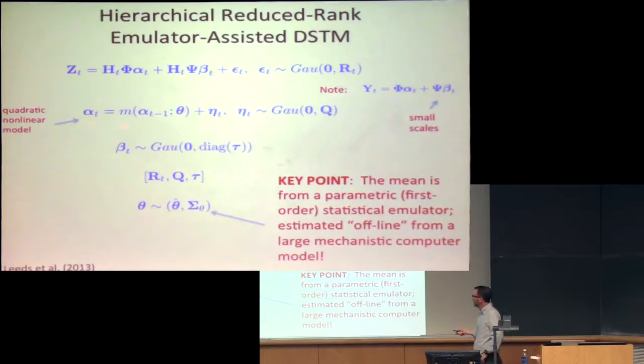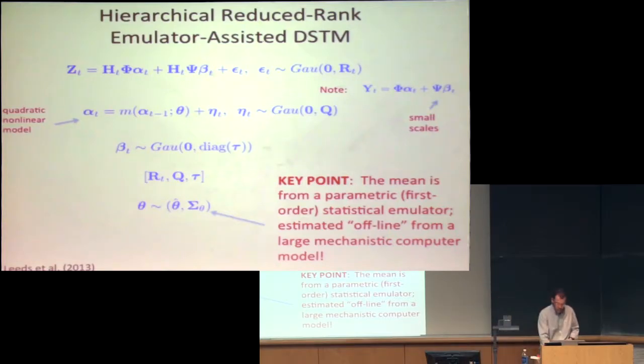But here's the key: I'm going to model those right singular vectors as a quadratically nonlinear evolution. If I can fit that offline, those parameter estimates are given by this prior mean. I can put some uncertainty around that. And now I can do really high-dimensional simulations of a complicated system with a fairly simple model.